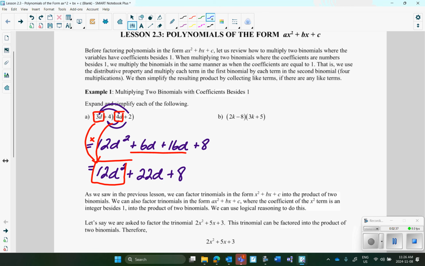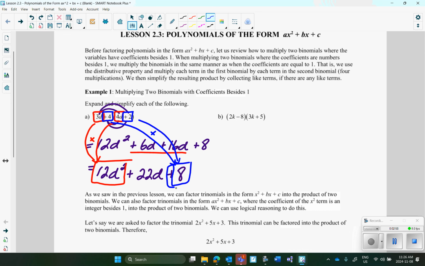When I multiply the last 2 terms, I'm always going to get the last term in the answer. How do I get the middle term?